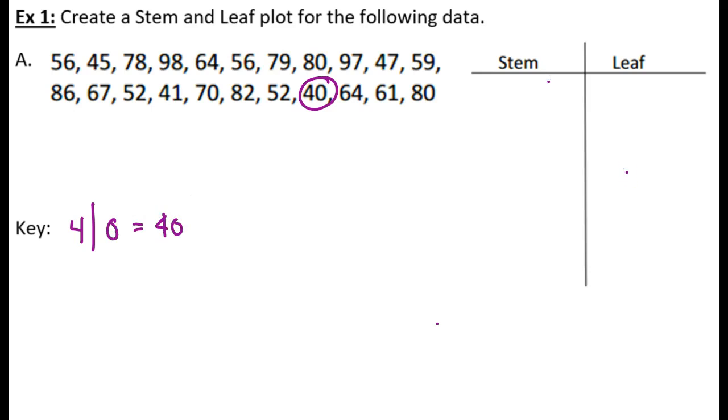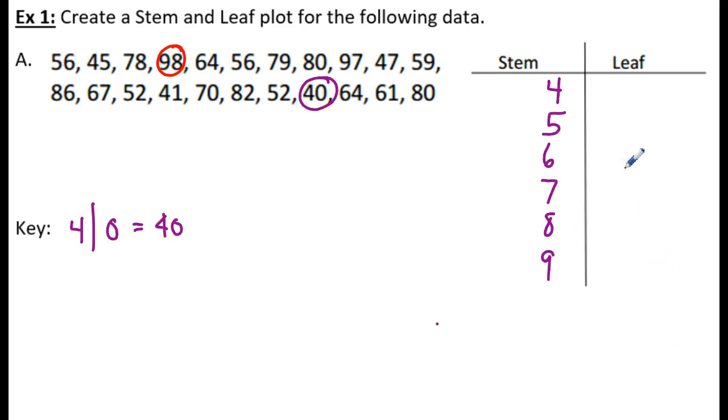So I'm going to start my stems with 4, and now I'm going to look for my greatest value. As I go through here, we have a 97, but 98 is still larger, so 98 is going to be my largest value. So I'm going to order my stems from 4 all the way through 90.